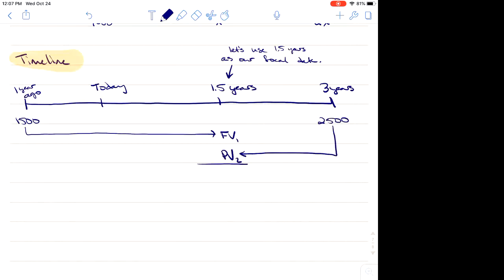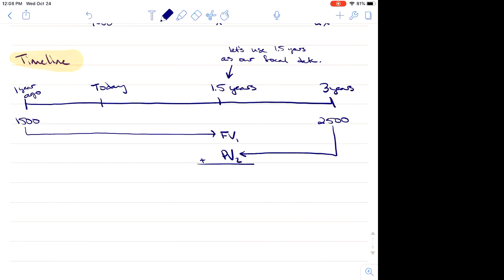So if we add these up, now I've started using the subscripts as the order of my calculations. So you can do the future value and the present value of the original loan in any order, right? But you have to find the total that they're worth at 1.5 years before you can go ahead and figure out the second payment plan.